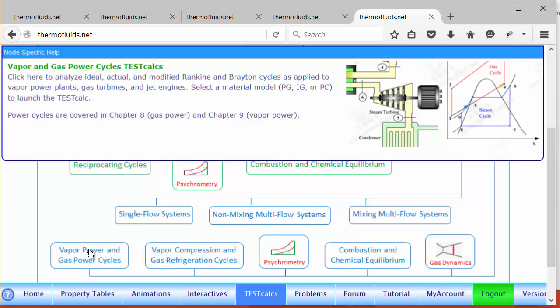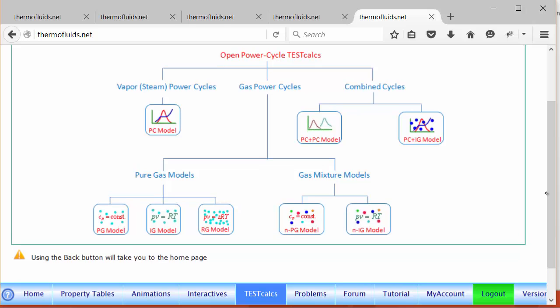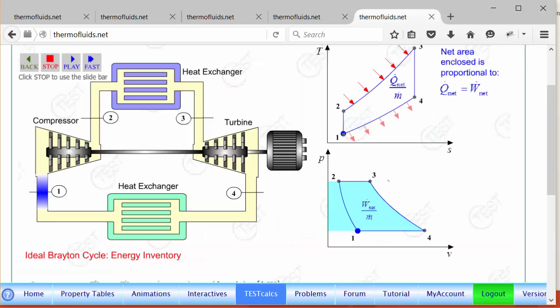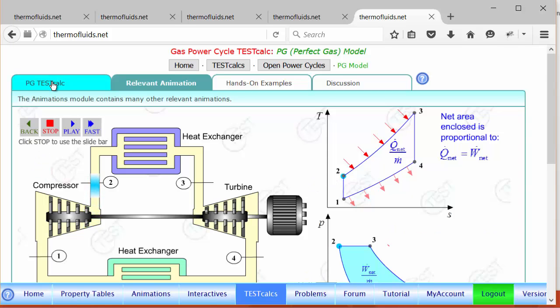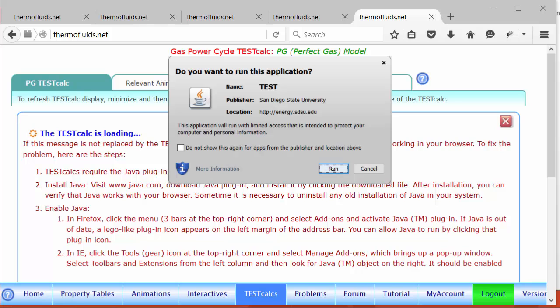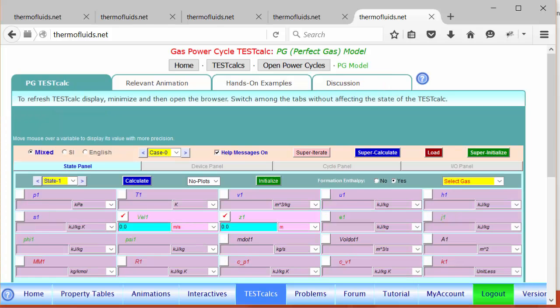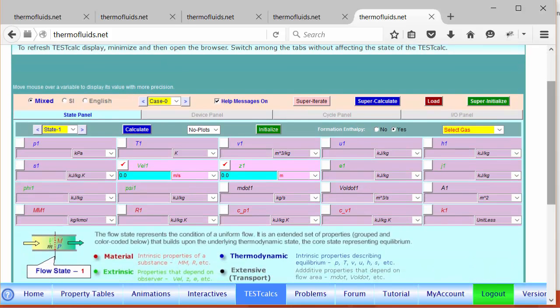If you click here, that brings up different material models, working fluid models we can use. And for a gas turbine, we use a pure gas model, which is the PG model that we are using in our manual solution. So this will be the correct one to launch. And we go to the TESTcalc tab to launch the TESTcalc.